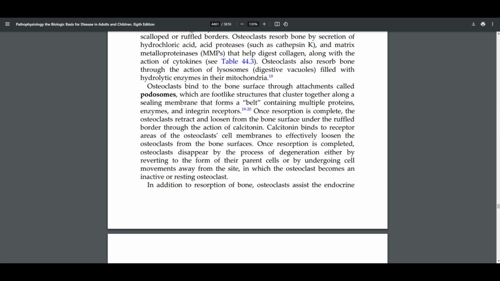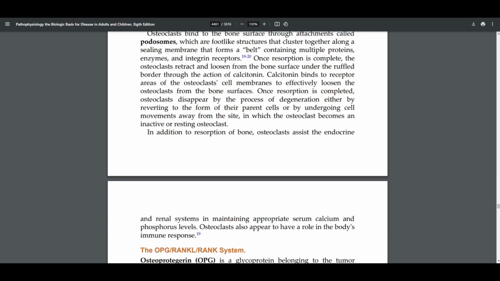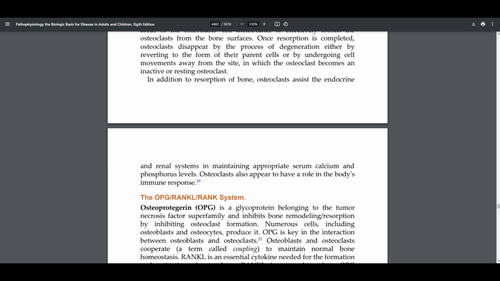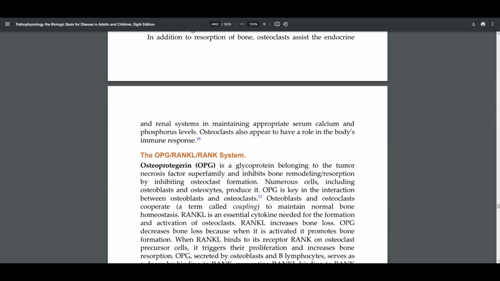Once resorption is completed, osteoclasts disappear by the process of degeneration, either by reverting to the form of their parent cells or by undergoing cell movement away from the site, in which the osteoclast becomes an inactive or resting osteoclast. In addition to resorption of bone, osteoclasts assist the endocrine and renal system in maintaining appropriate serum calcium and phosphorus levels.